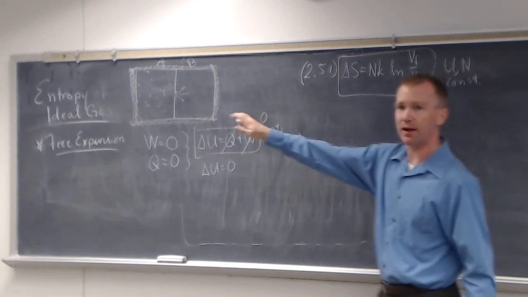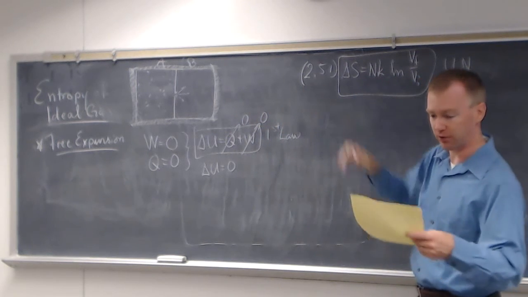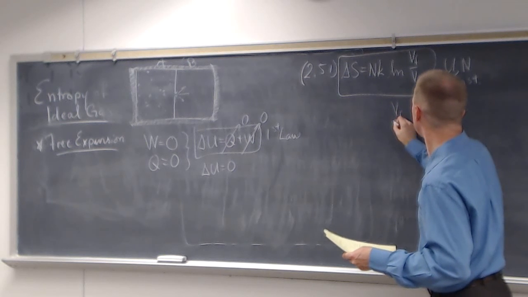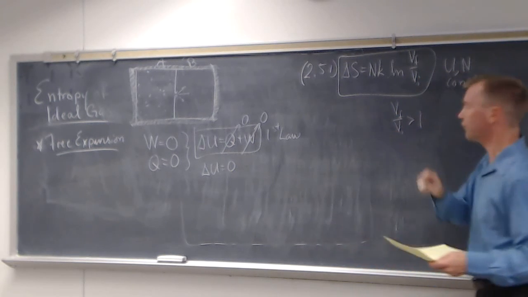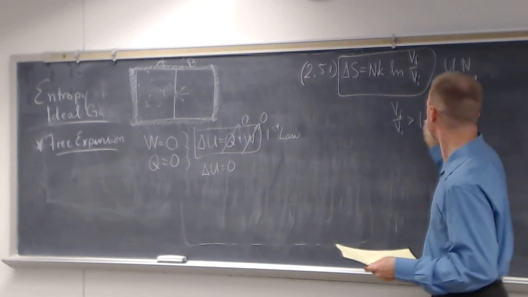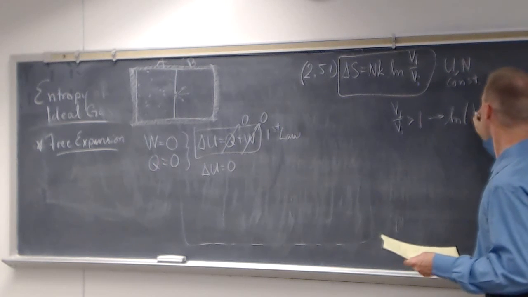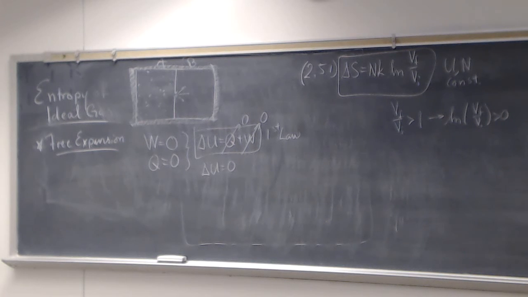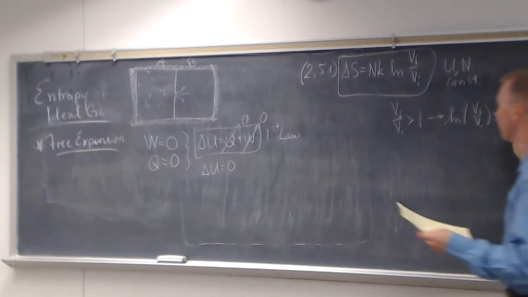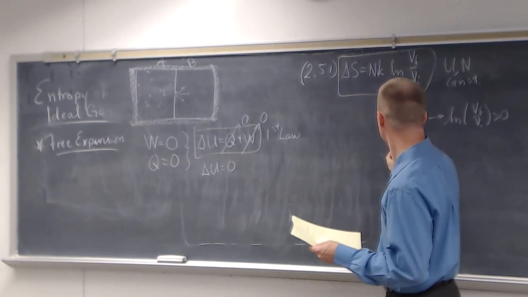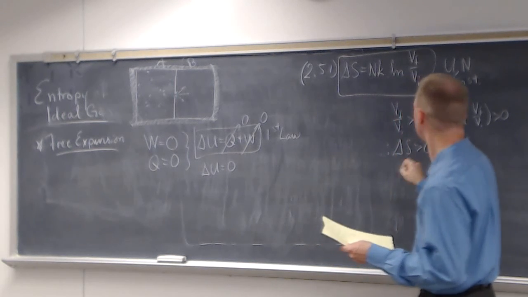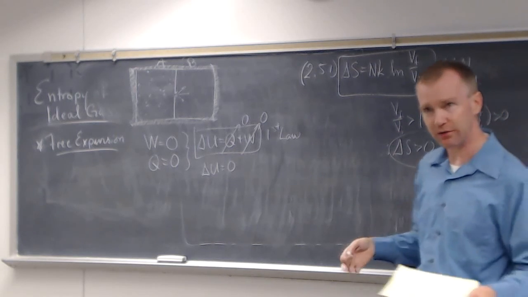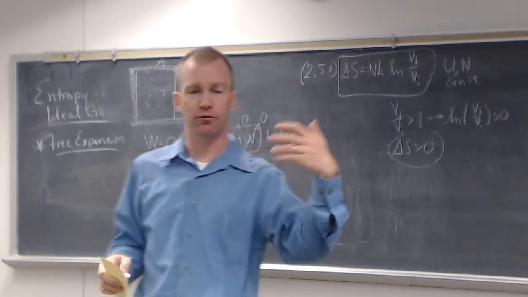In this case, we have had an expansion, so V final is greater than V initial. That's greater than 1. Therefore, the natural log of that ratio is greater than 0. And that means delta S is greater than 0. So the entropy has increased despite the fact we've had no flow of heat into the system.